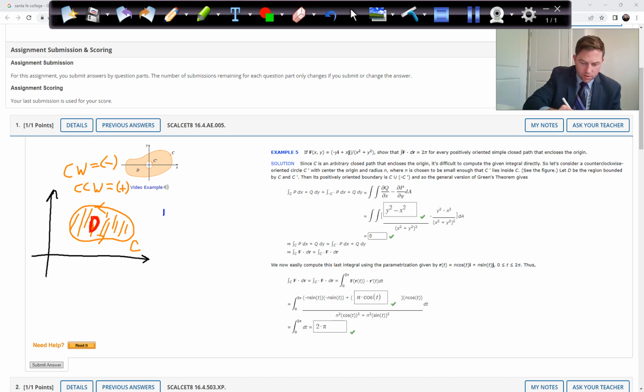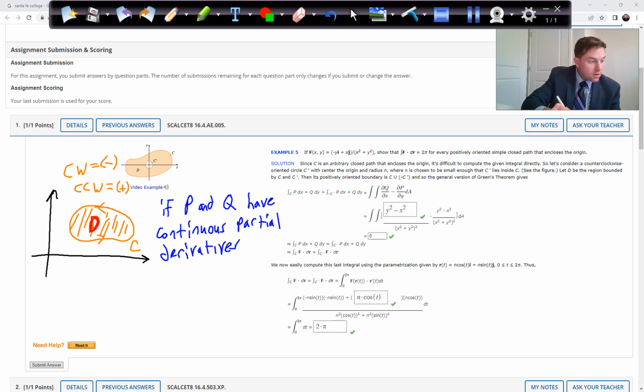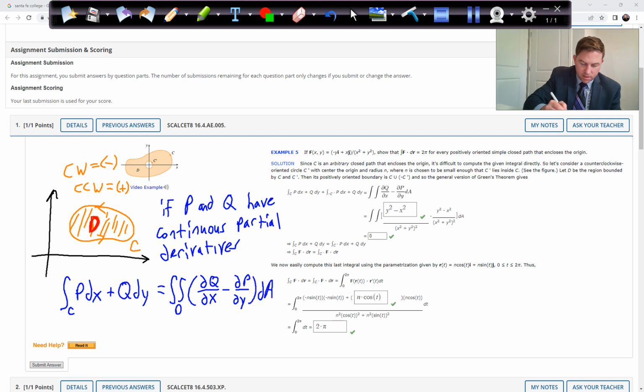So what Green's theorem states is this. First off, if P and Q have continuous partial derivatives, then we can rewrite the line integral about C of P dx plus Q dy as the double integral across the region D of the partial derivative of Q with respect to x minus the partial derivative of P with respect to y, dA being the area.